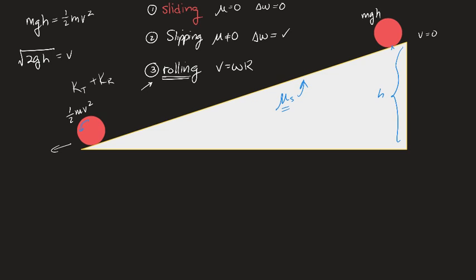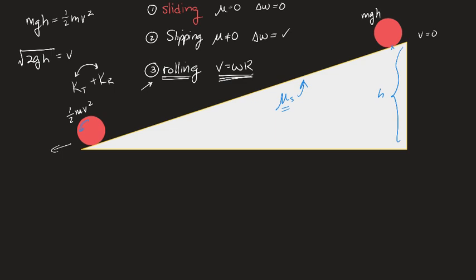And they're linked together by this. How much they turn is related directly to how fast they're going. Now, if an object rolls down a ramp, do you think it'll be traveling faster or slower than an object that slides down the ramp without friction?